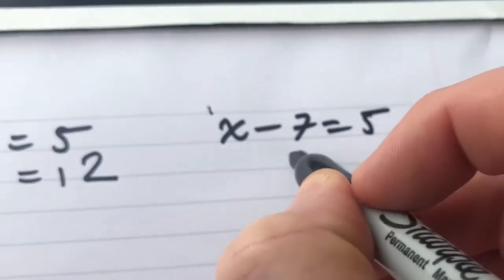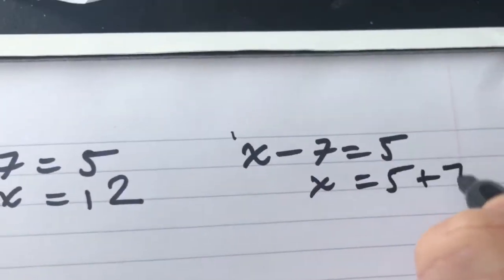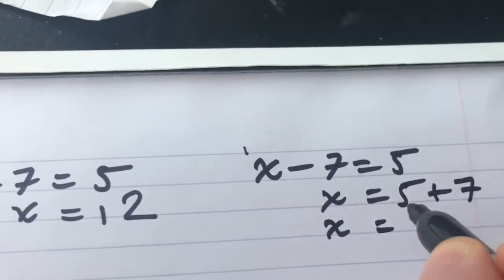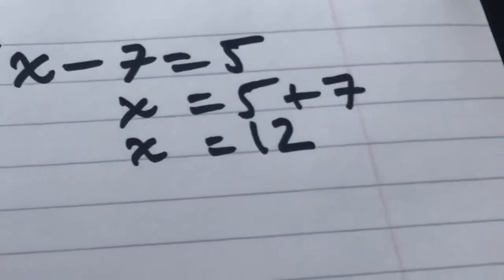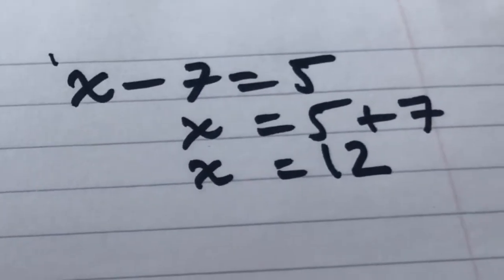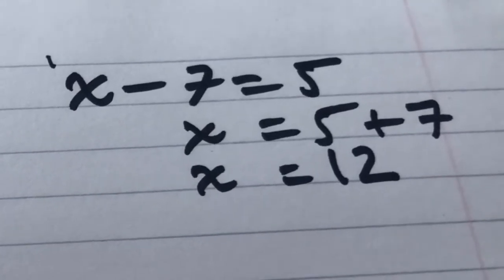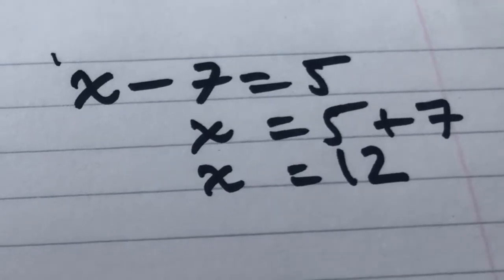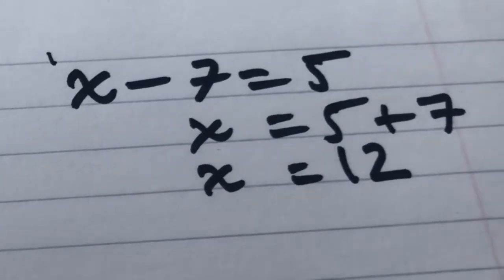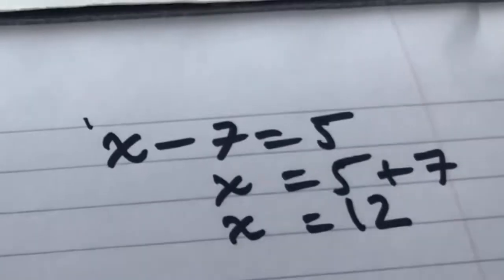Move the minus 7 to the other side, so it becomes plus 7, and in that way you get your 12. Although in some cases you'll be able to see what the answer is without having to do that. So that's what you're doing when you're dealing with equations. To get the solution, you can move things about from one side to the other, provided you change the sign in front of it. Let's just take another example.